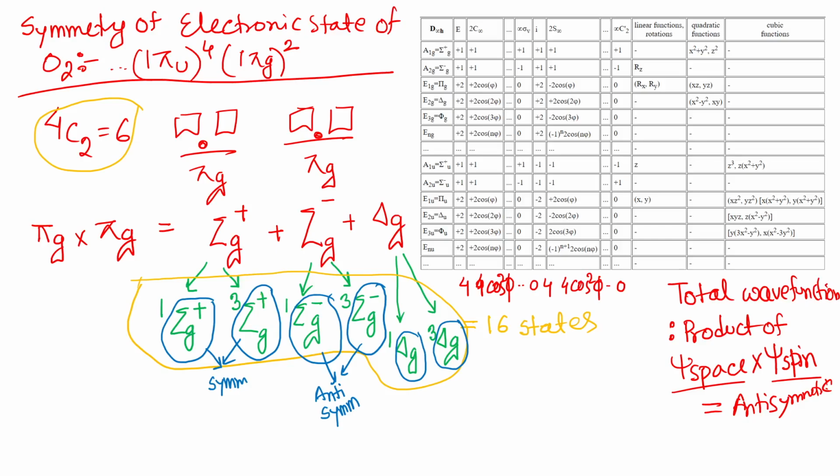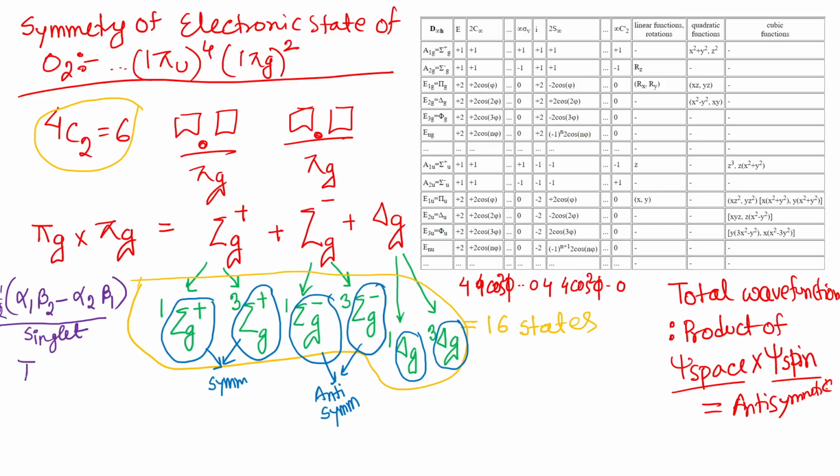So I told you earlier that your singlet state is alpha 1 beta 2 minus alpha 2 beta 1, and obviously there is a normalization condition, 1 by root 2. That is your singlet.